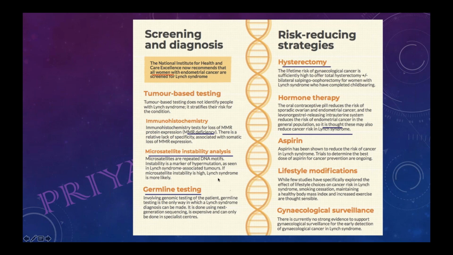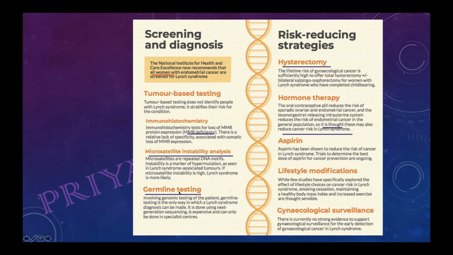Apart from this, another thing that is checked is microsatellite instability analysis. Microsatellites are repeated DNA motifs, and an instability is seen in Lynch syndrome. Only this much is enough. So there is microsatellite instability in Lynch syndrome.